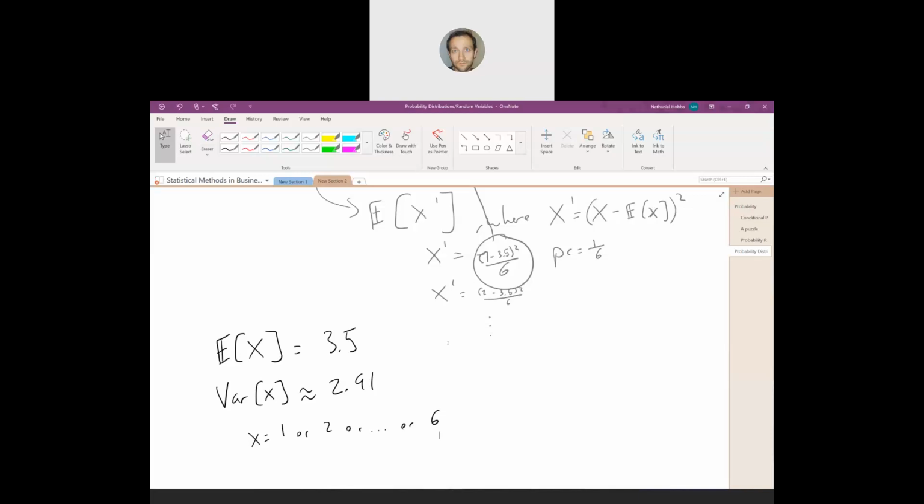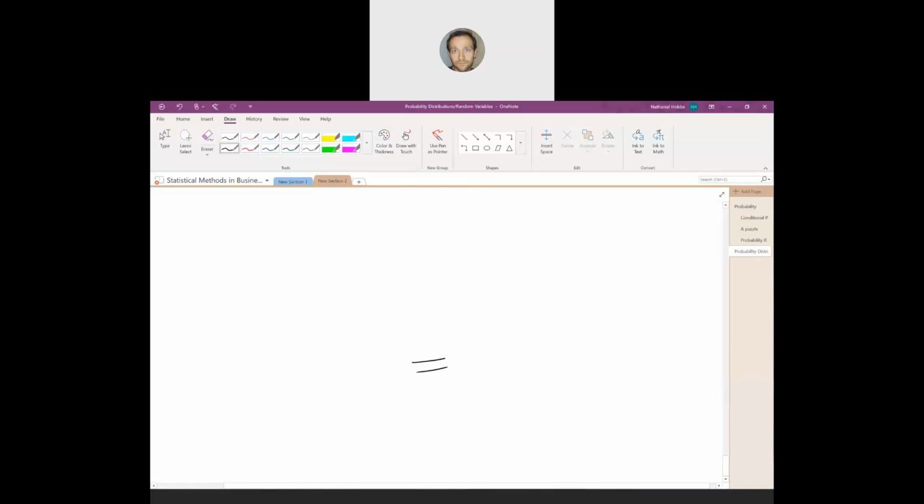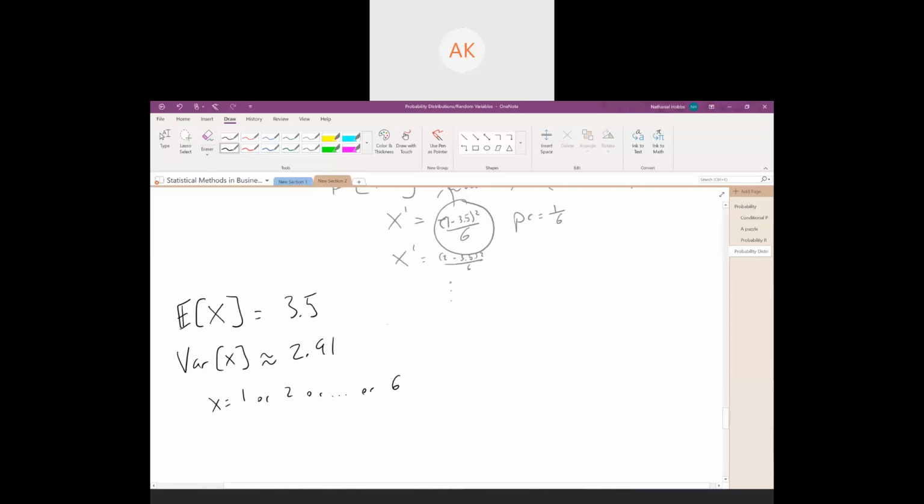Since the expected value plus and minus the variance is within the limits, all faces are possible. Since it goes from like 0.6 all the way to like 6 point something.